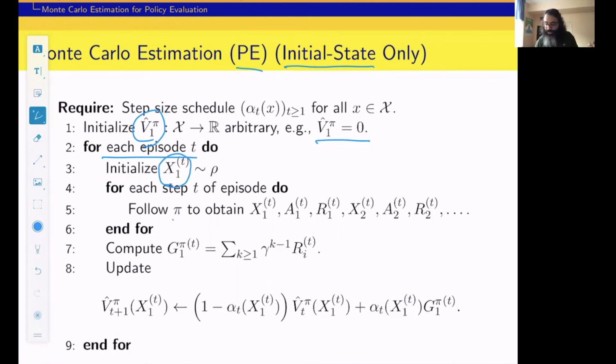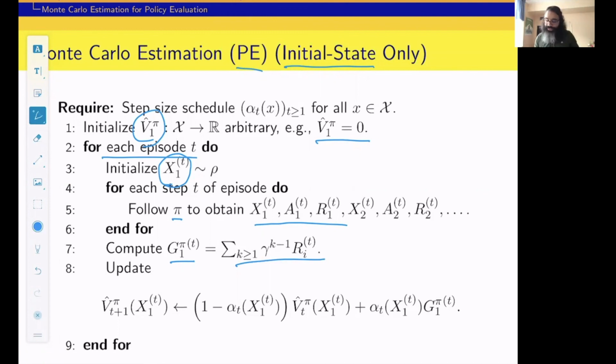And then we follow policy pi to obtain a sequence of state, action, reward until the end of the episode. And then we can compute G1, the return from time step 1 as usual.